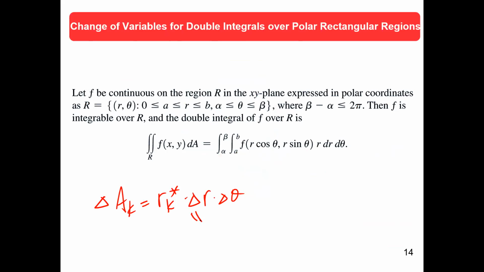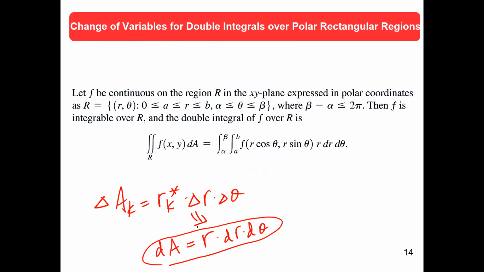Later on, this would get us dA, the differential A, which is R dr d theta. And that is how dA converts to R dr d theta.